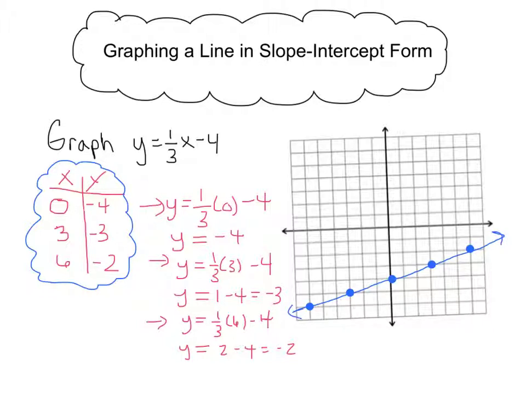Now again, as students get more comfortable with this, what they'll start to notice is, well, I've seen the form of this equation so many times, and I'm starting to recognize that the slope is a third on this line, and what do you know, the number in front of this x here is also a third. And they start to recognize that that's not a coincidence. So in fact, when you see an equation written in this form, you know that it's a line and that its slope is 1/3.